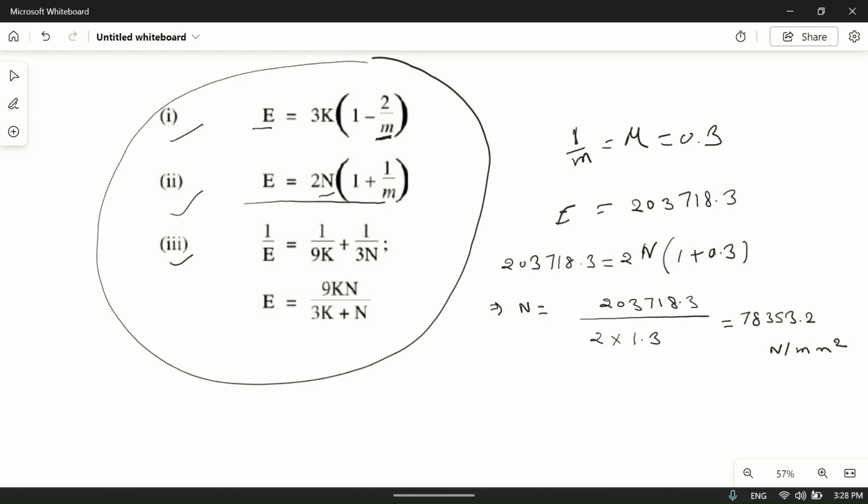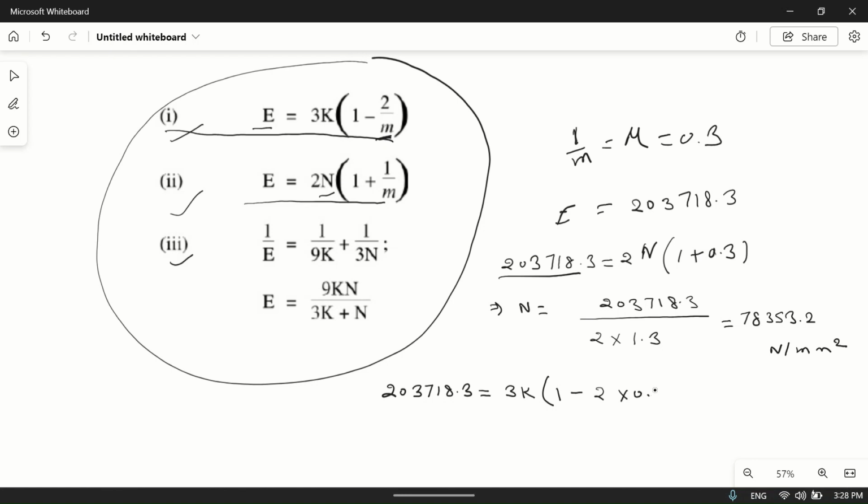Now we have to find the value of K, the bulk modulus also. From the first equation, E is equal to 3K into 1 minus 2 by m. In place of E we put this value, 203,718.3, equal to 3 into K into 1 minus 2 into 0.3.